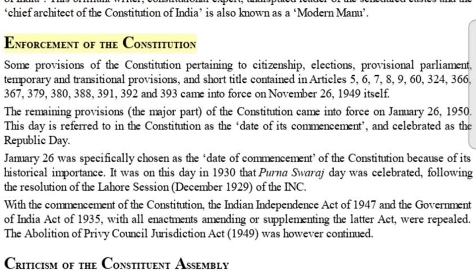Enforcement of the Constitution. Some provisions of the Constitution pertaining to citizenship, elections, provisional parliament, temporary and transitional provisions, and short title contained in Articles 5, 6, 7, 8, 9, 60, 324, 366, 367, 379, 380, 388, 391, 392 and 393 came into force on November 26, 1949 itself.